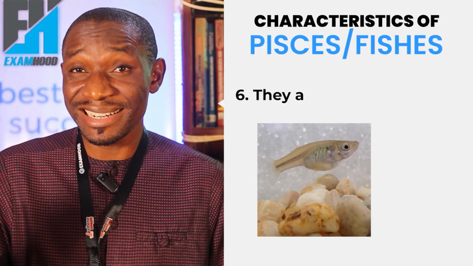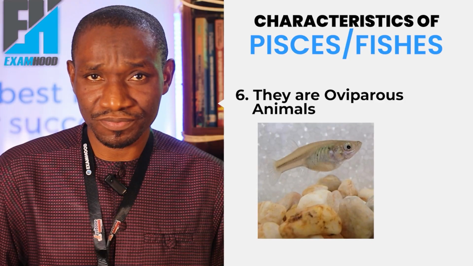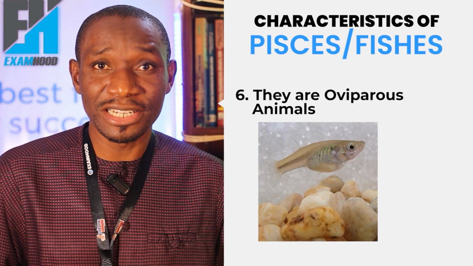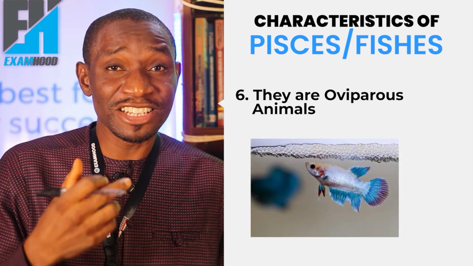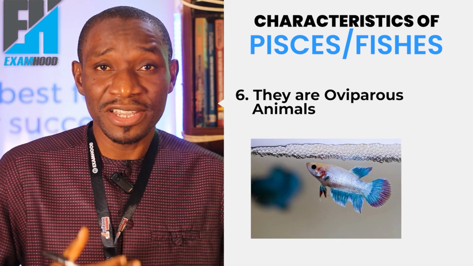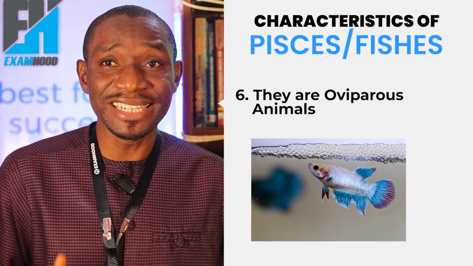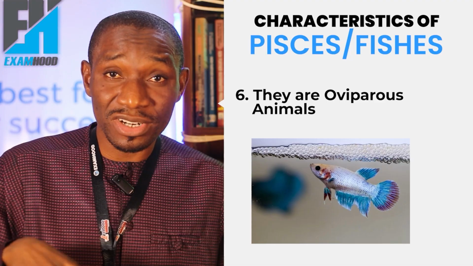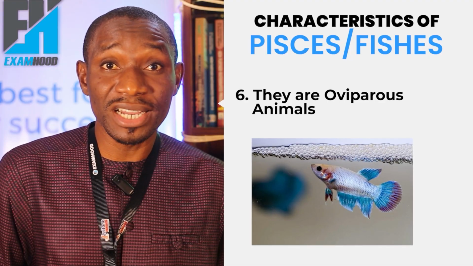Another characteristic of the Pisces again is that they are oviparous animals. What does that mean? They lay eggs. They don't give birth to their young ones alive. They lay eggs, and they have a bisexual mode of reproduction. In fact, the female fish will shed its eggs on the surface of the water. Then the male will go around and spill its sperm on the surface of the eggs.